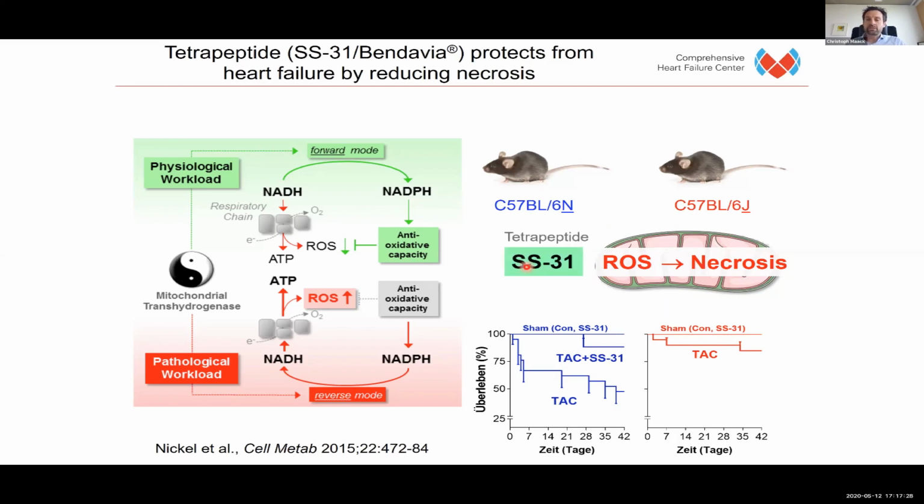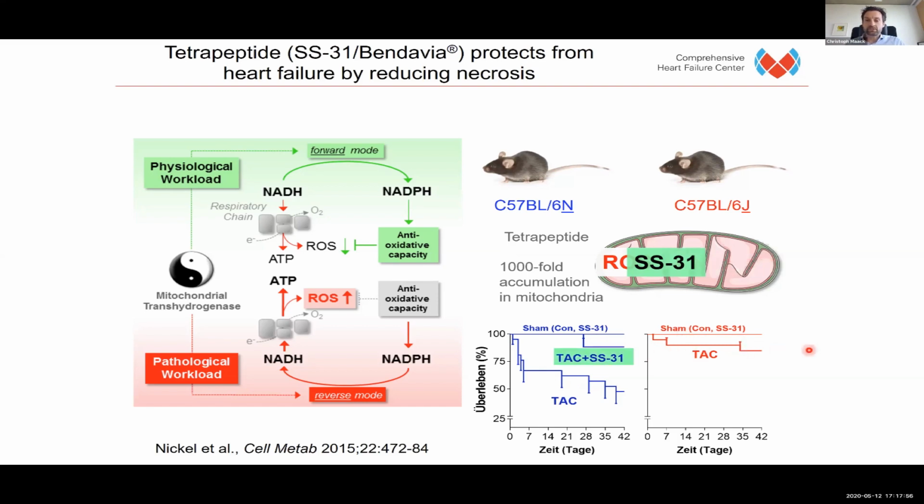And then we use as an intervention a compound called SS31, which is a tetrapeptide that accumulates in mitochondria and binds to cardiolipin and protects from ROS-induced mitochondrial dysfunction. And with this intervention, we could rescue the mortality of these black 6N mice mostly, but it had no additional benefit in the black 6J mice.